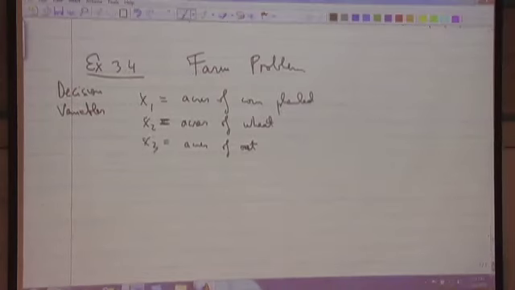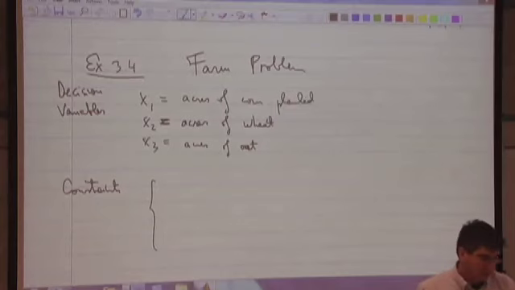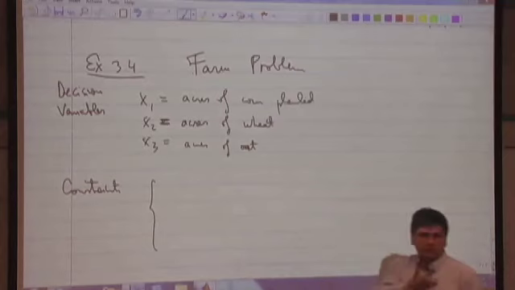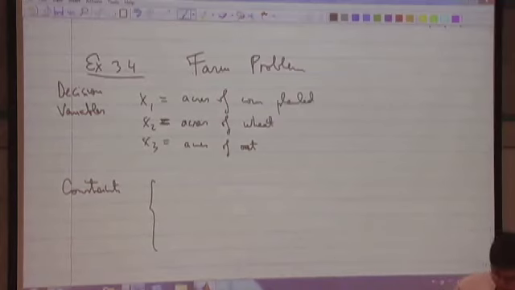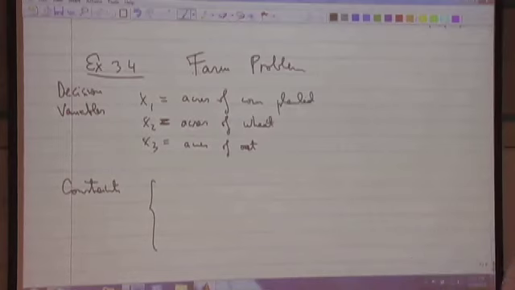And now we have certain constraints. We have to stay within certain bounds. One of them is that the sum of x1, x2, x3 has to be at most 625.